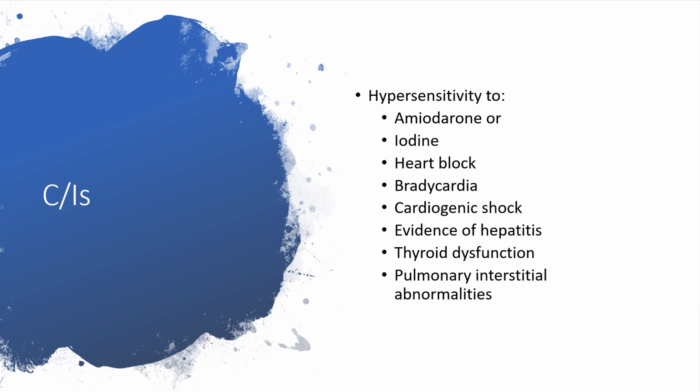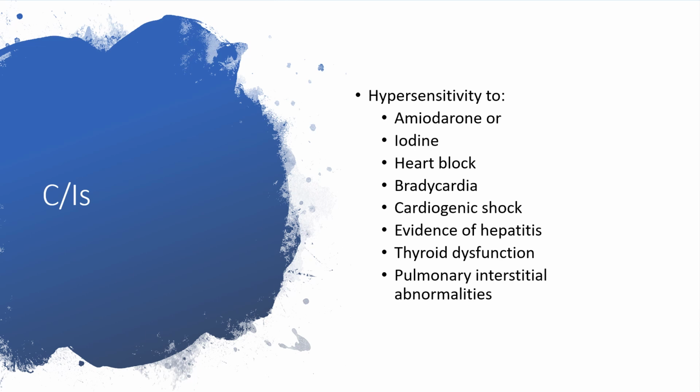When there is evidence of hepatitis, because amiodarone on its own could give fatal hepatotoxicity. If someone is already having hepatitis before taking the medication, no amiodarone. In the phase of thyroid dysfunction, because amiodarone on its own could lead to fatal thyroid disorders, no amiodarone.